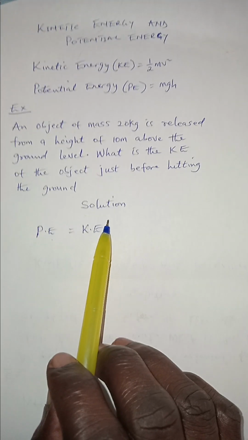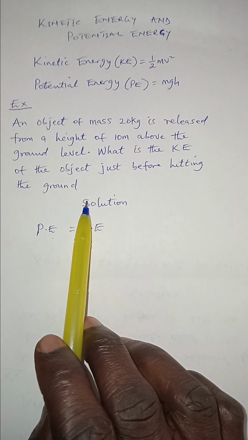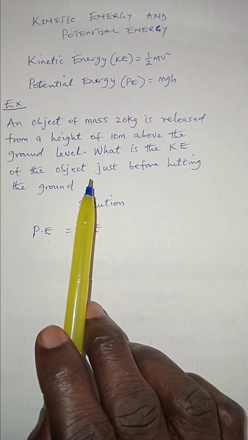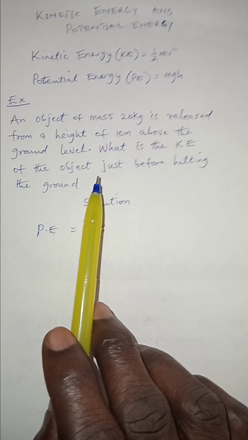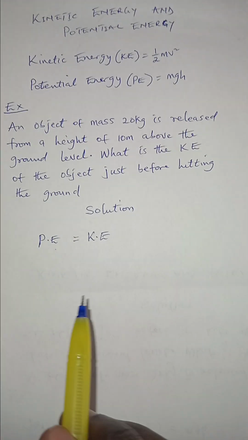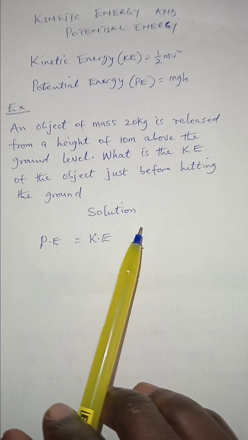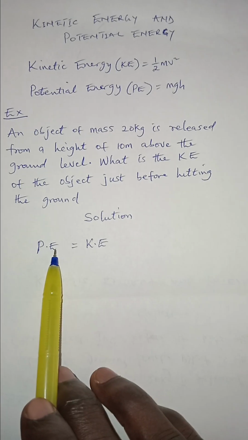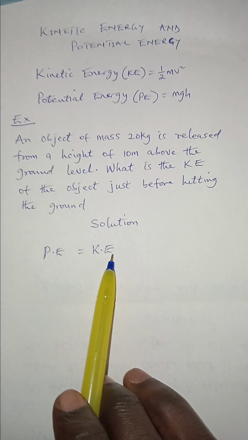All the potential energy it possesses above the ground will be converted to kinetic energy just before hitting the ground. So therefore, to calculate the kinetic energy of the body just before hitting the ground, we can equally find the potential energy, and that will give us the kinetic energy.